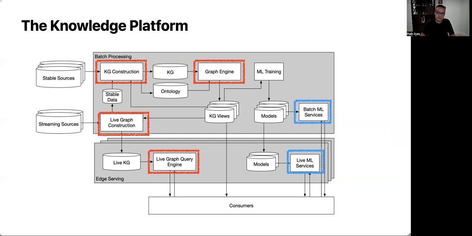And building this graph requires publishing this graph in what we call an edge serving that realizes a real time or a live version of this graph that you can hit with a query workload. And the blue lines on the right-hand side are our machine learning services that serve both in batch mode and in live real-time mode.